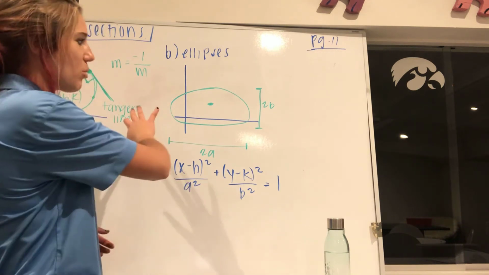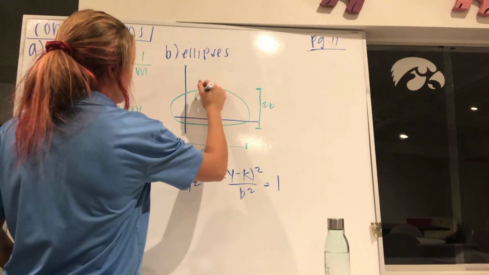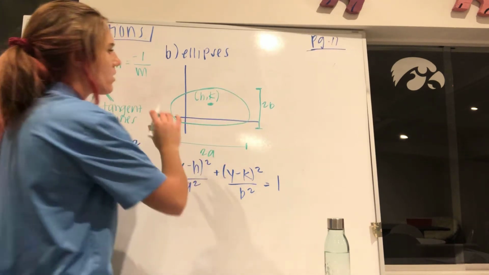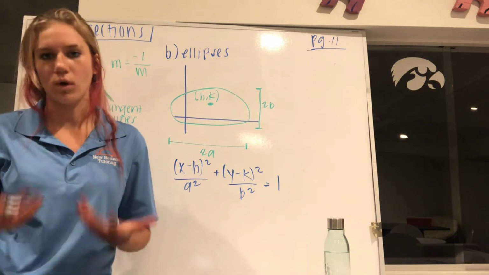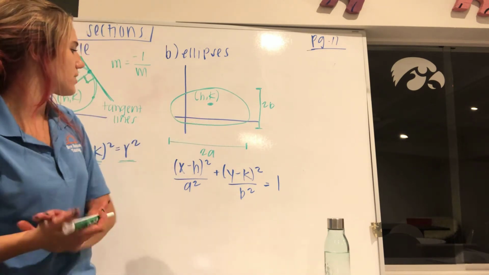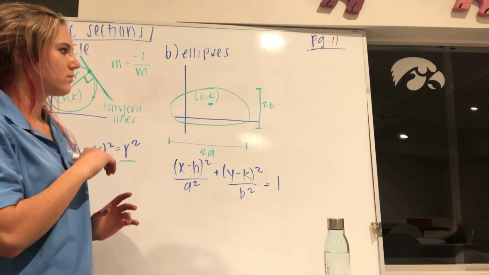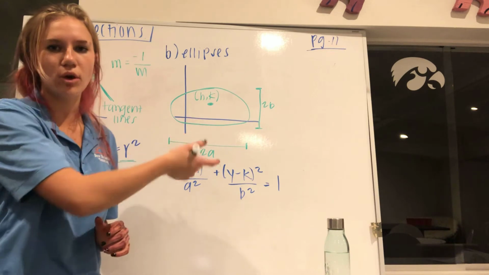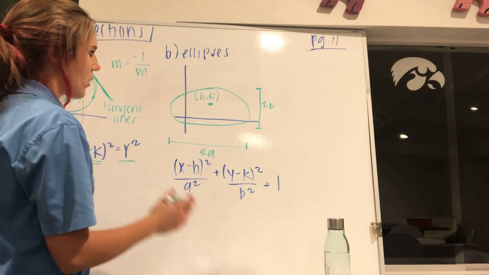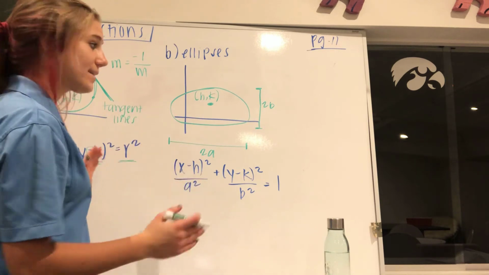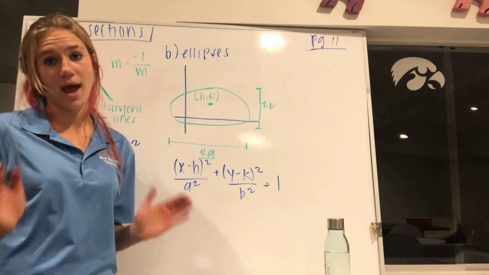There's a couple things that I want to point out about this graph. So we still have that same formatting setup of our center. It's still going to be referred to as HK. Again, that's just the coordinate pair that stands in for our center. But we do have two other components to an elliptical graph that we don't have when we're dealing with a circle. The first of which is the length along the x-axis, and we're going to refer to that entire length as 2a.